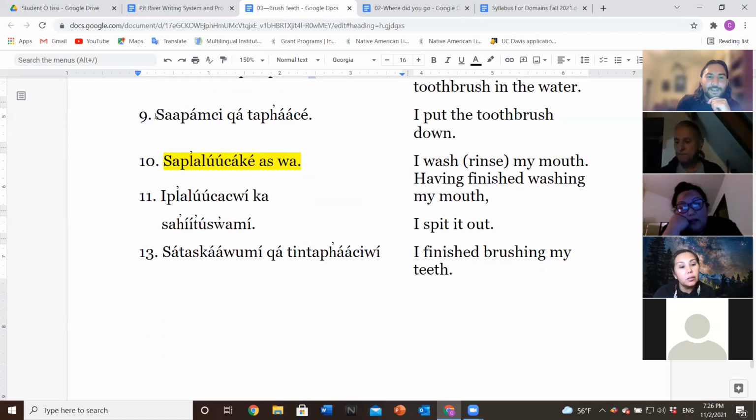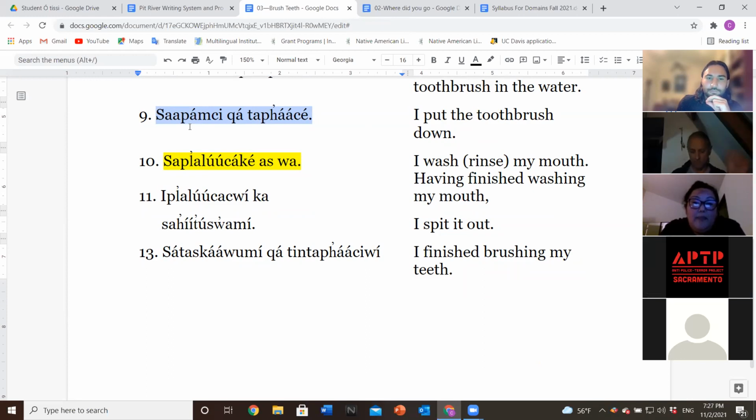All right. Sapamchi gadapaje. I put down the toothbrush. Louise. Got it. Dad. Sapamchi gadapaje. Loyan. Sapamchi gadapaje.